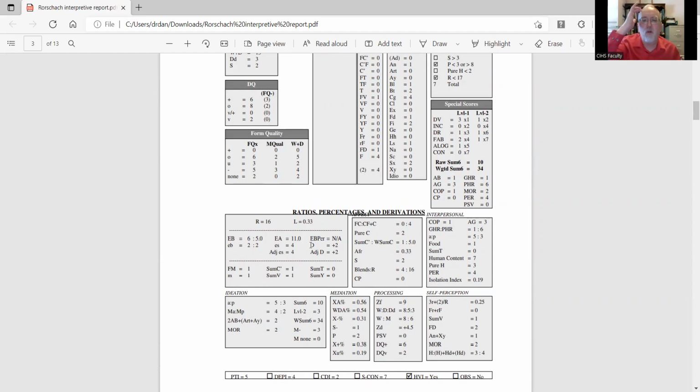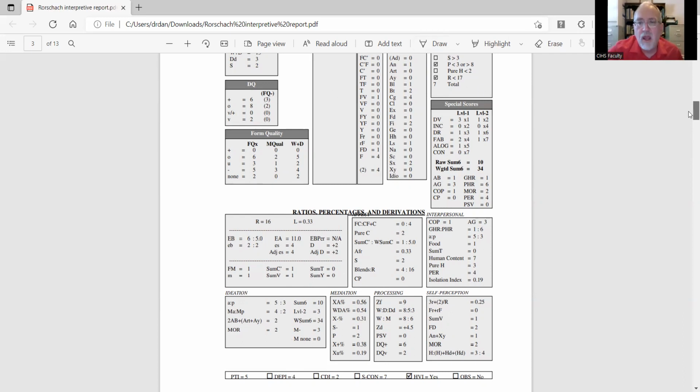All these variables are, for instance, how many times did the following types of content come up, and how many times did certain types of form calling come up. Each of these variables is calculated based on the numbers up here.